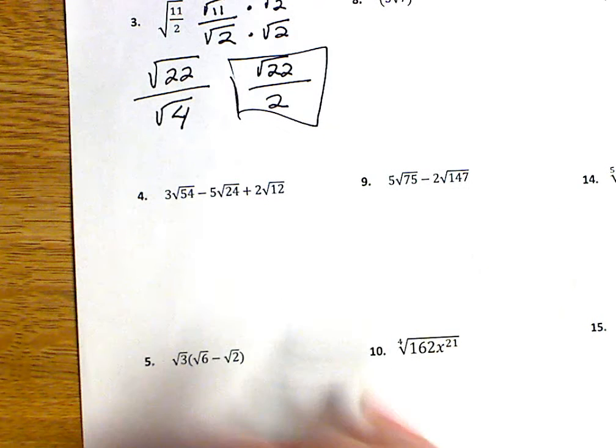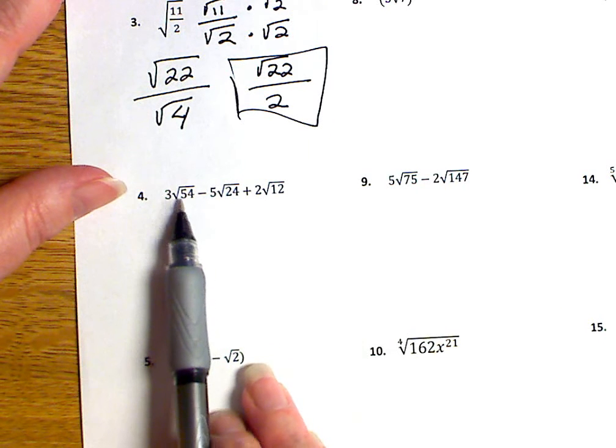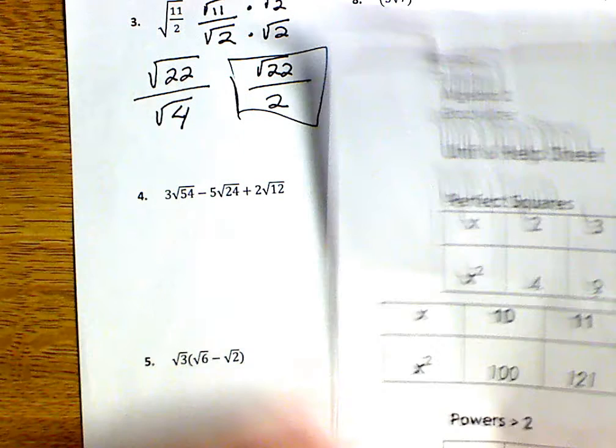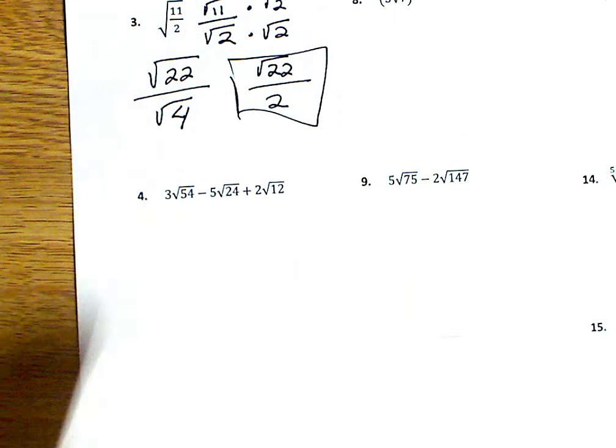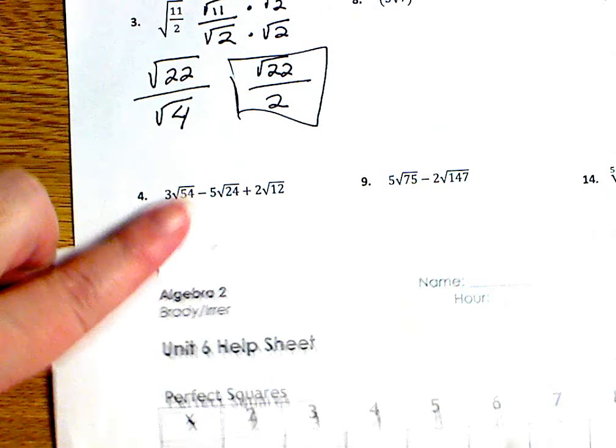When you're looking at 54 and you're looking at square roots, how can you find out what perfect goes into it? You divide them by the perfect.